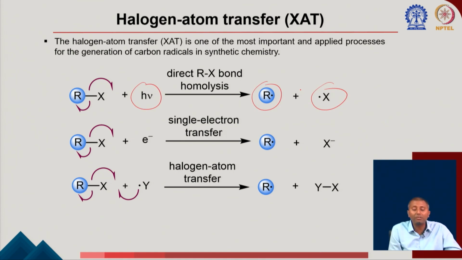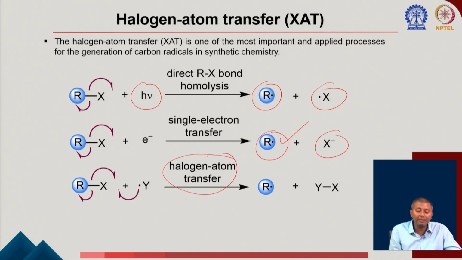It could be a single electron transfer. I am going to explain some of this in the visible light photoredox catalysis. You are going to see that the catalyst can do a single electron transfer where it is able to cleave this bond again to form the R dot and the X minus. So first the single electron transfer is going to happen, and then it is going to form the R dot, or it can happen that there is a halogen atom transfer.